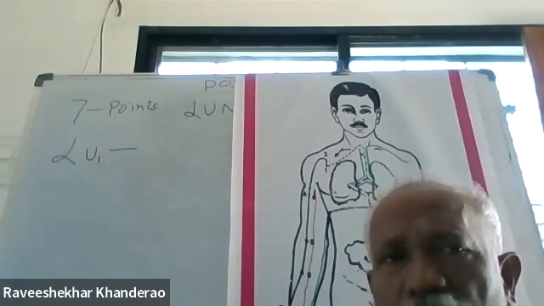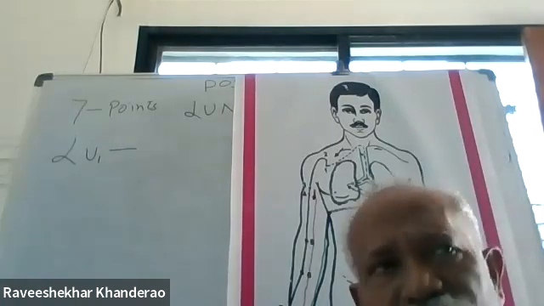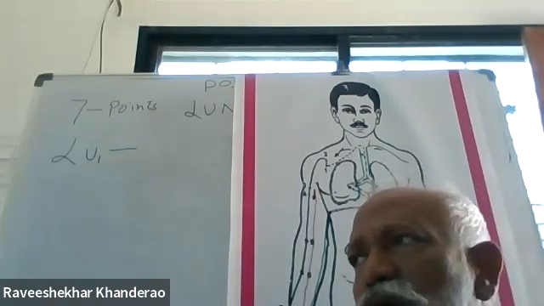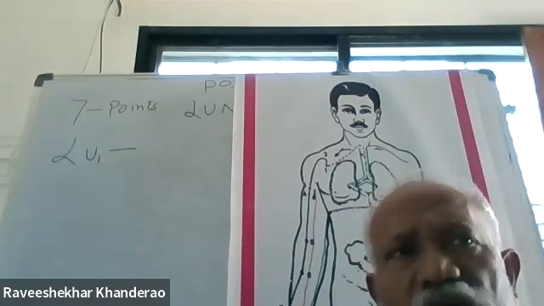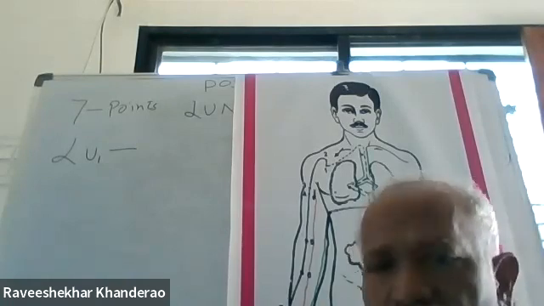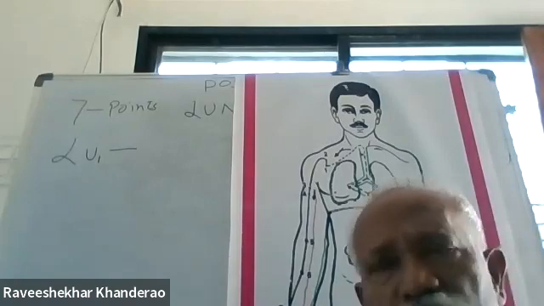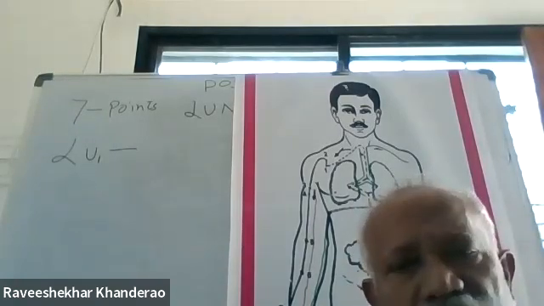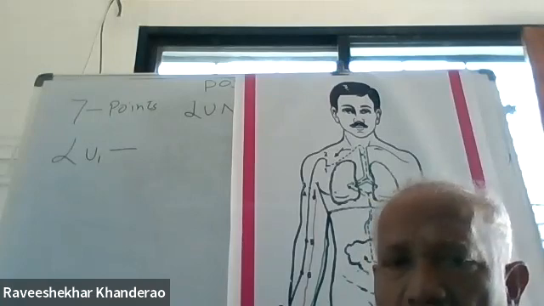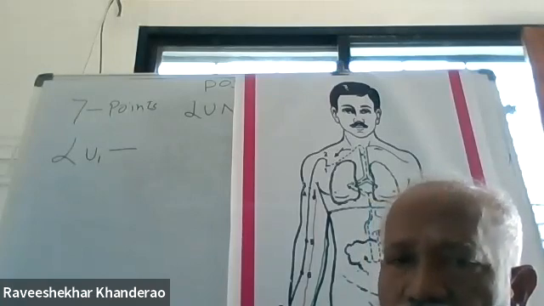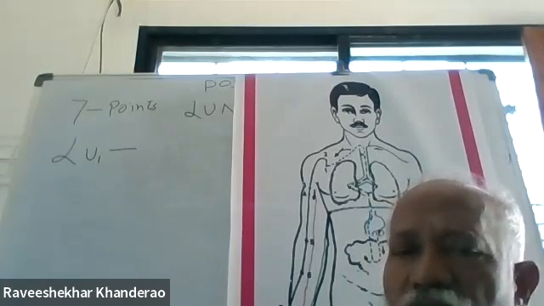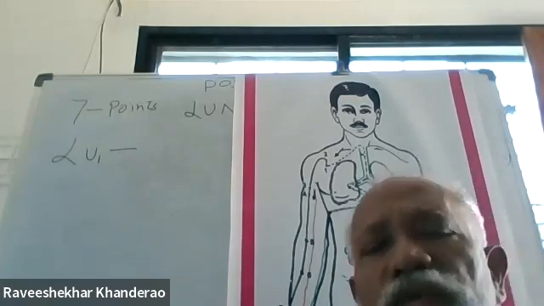But I am just introducing these points. When we do the 5 elements, at that time you will understand these points much better. But right now, because I have to give some information about the meridian, I am giving this information. Lung 7 is the lower connecting point of the meridian.